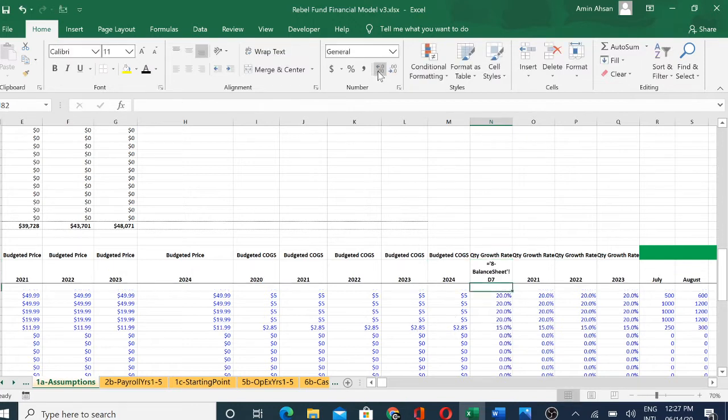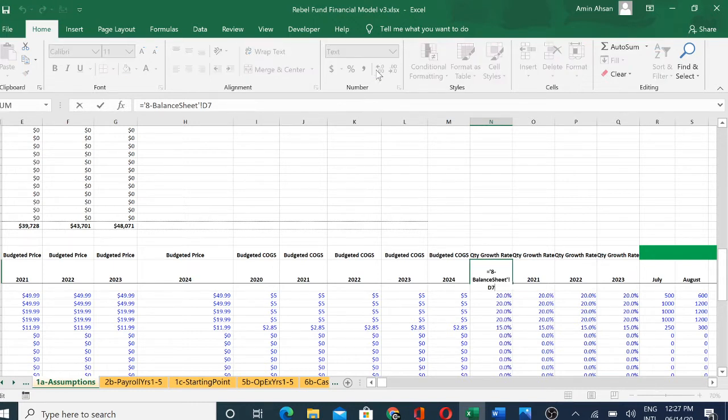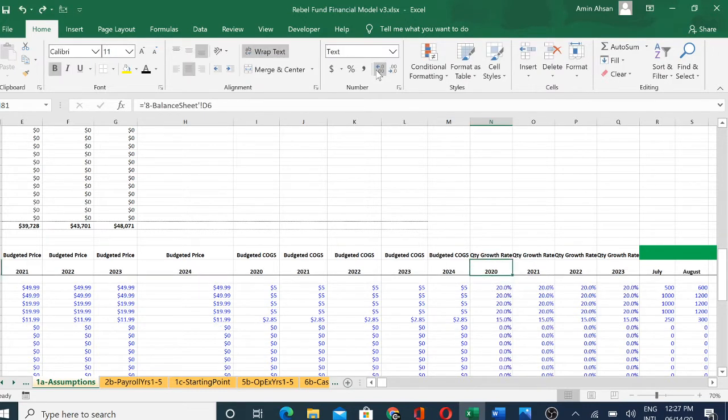Now the growth rate is here, as you have told me that the growth rate is 20% for every product and 15% for the coffee mug for every year. You can change it at your own will.